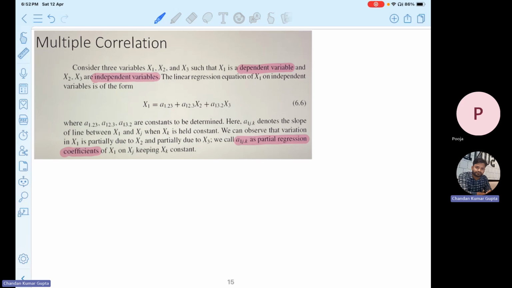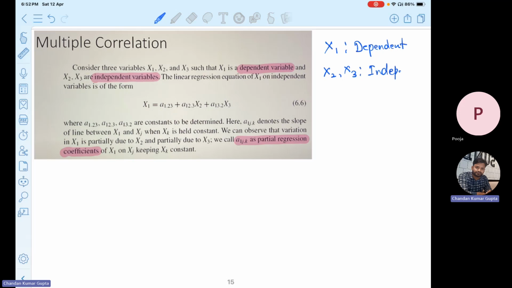Here we have taken x1 as dependent. Since we are taking three random variables, x2 and x3 are independent. So we first derive a linear regression equation.